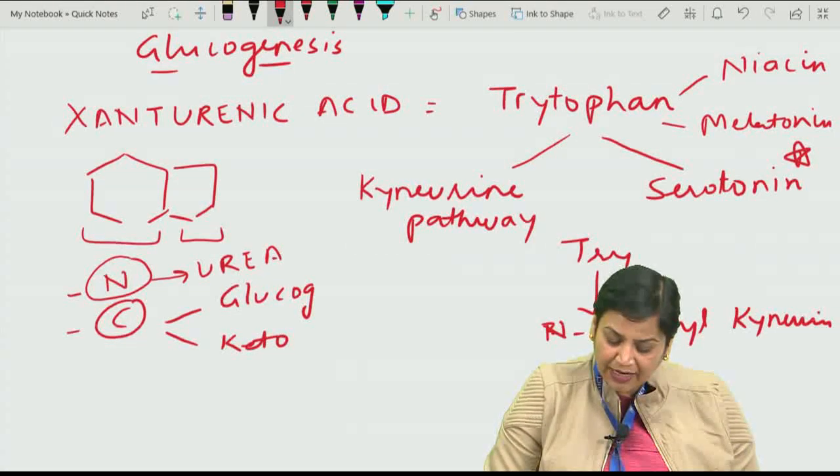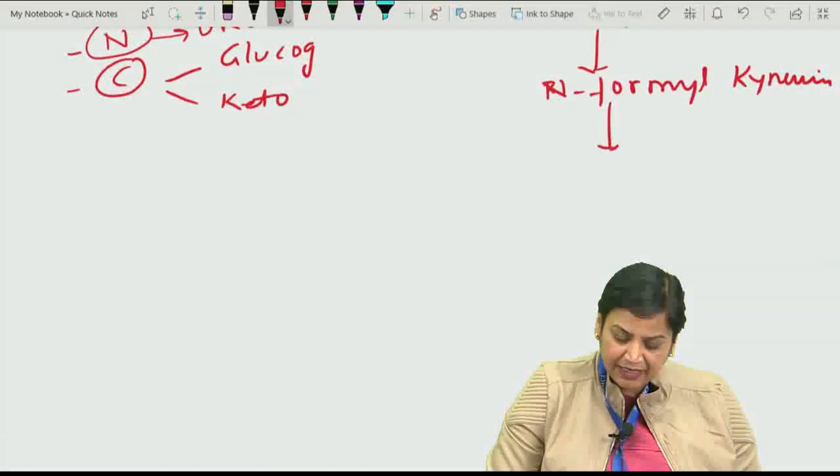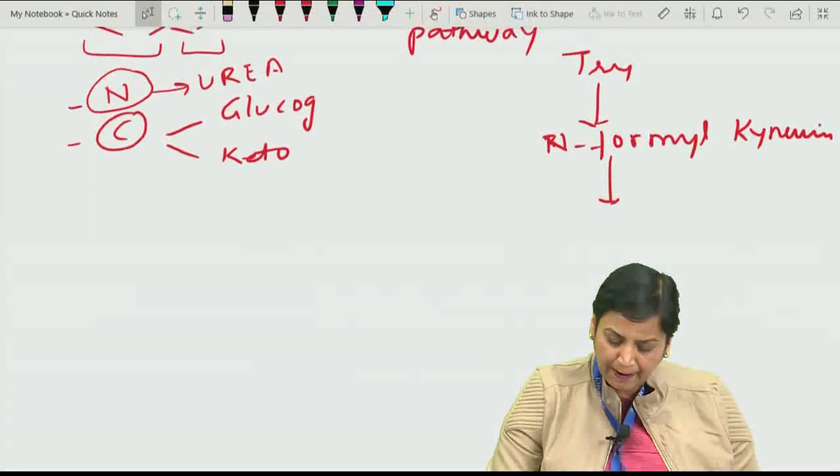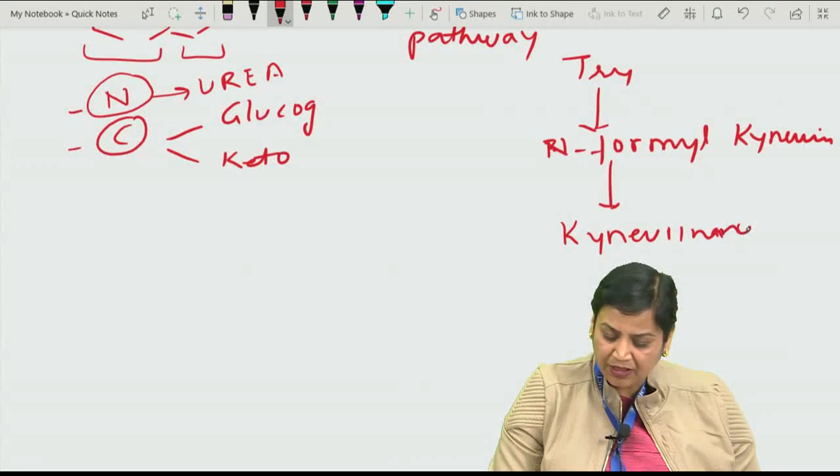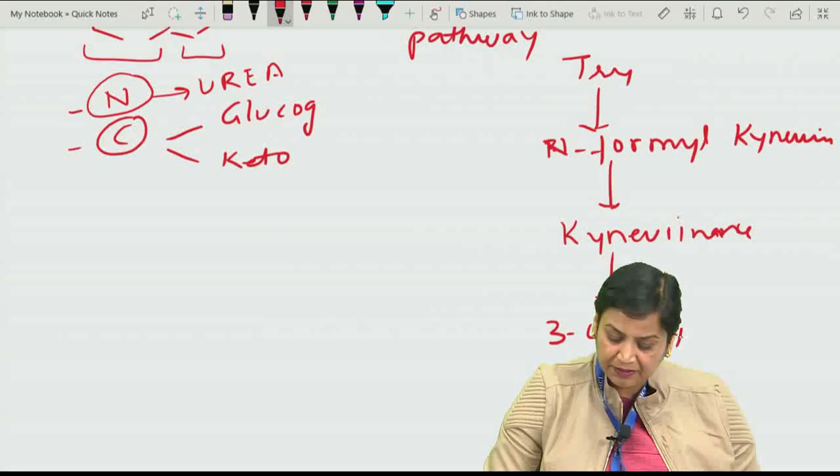This N-formyl kynurenine will then be degraded to form kynurenine. This kynurenine will then be converted into 3-hydroxykynurenine.